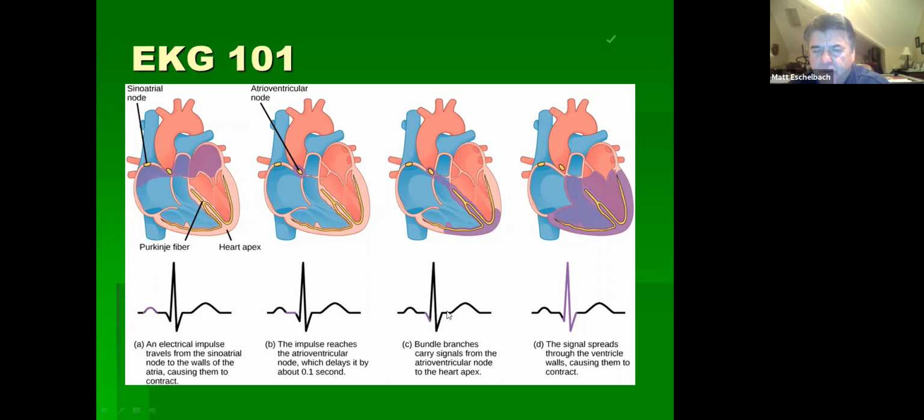And the bundle branches begin to grab the signal. They go down together at the same rate, and we get a nice thin QRS complex. And that's what happens with an EKG. And then we go back to the next cycle where the T wave happens and you get atrial repolarization. And then we're ready for the next cycle.